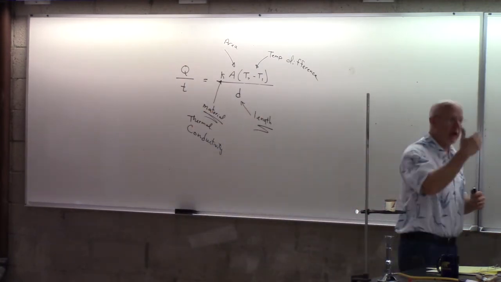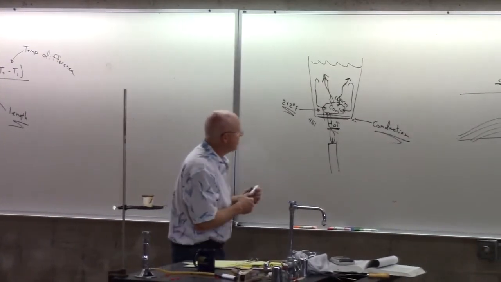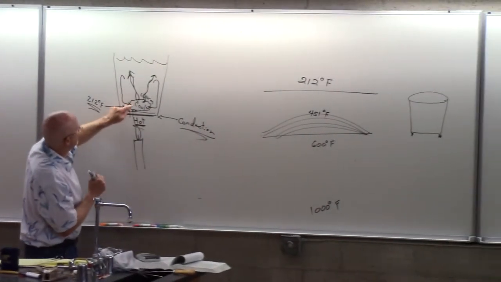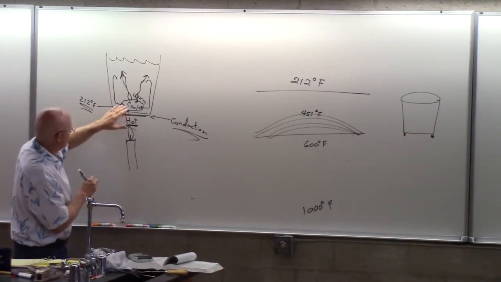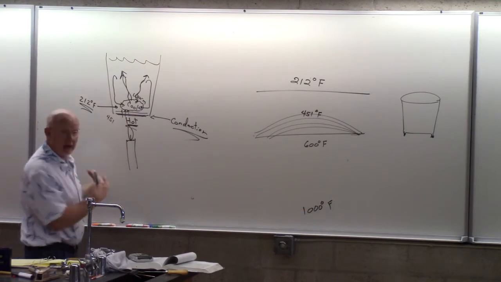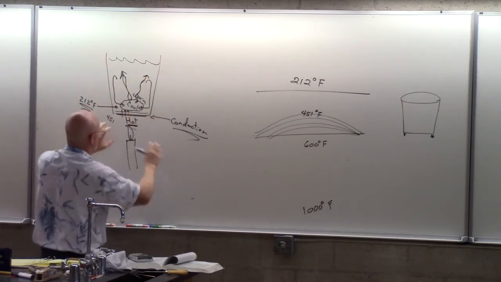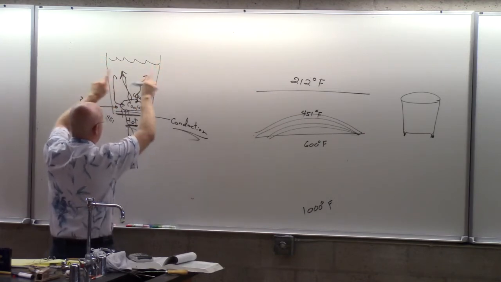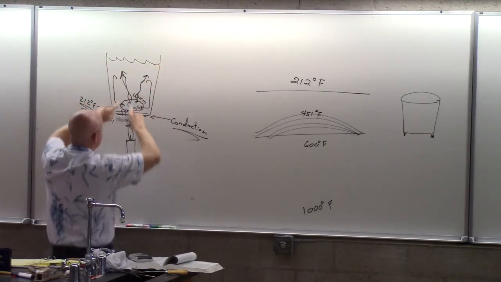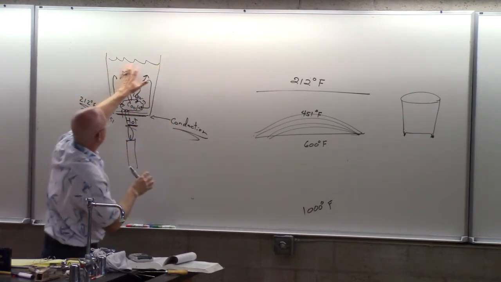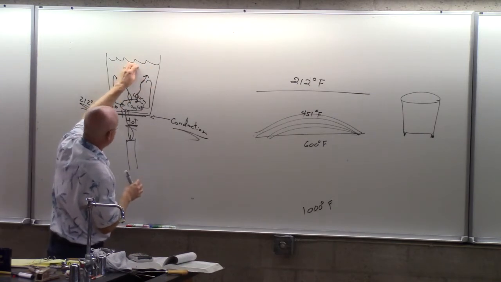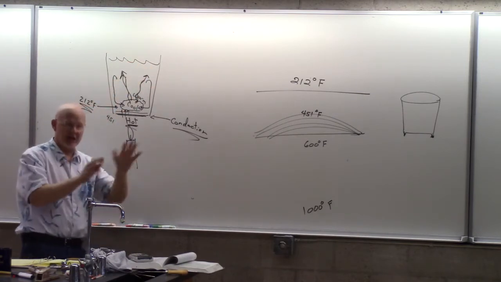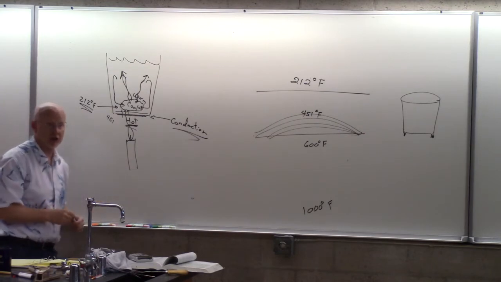And the other thing that I should have emphasized is that once it gets into the water and warms it, and I focused on the convection part of it, so it would warm, expand, and Archimedes' principle said it would rise, and so we get this circulation. And so we get energy near the top quicker than we would have with just conduction alone, and that's what the convection is.